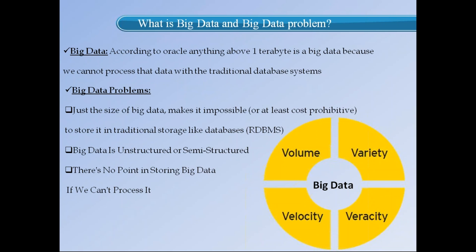And some JSON data we get from social media is called semi-structured data. And there is no point in storing this amount of big data if we can't process it. As I mentioned, the traditional database system is not able to process this data. If we can store this data but are not able to process it, then there is no meaning.